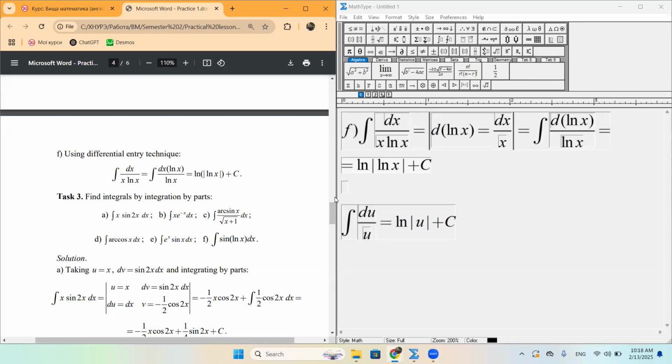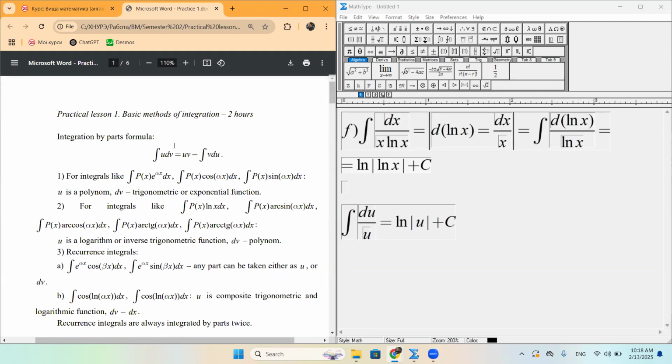Now let me remind you of the integration by parts technique. Here is the formula of integration by parts. Actually, we will use a kind of differential entry technique for that.